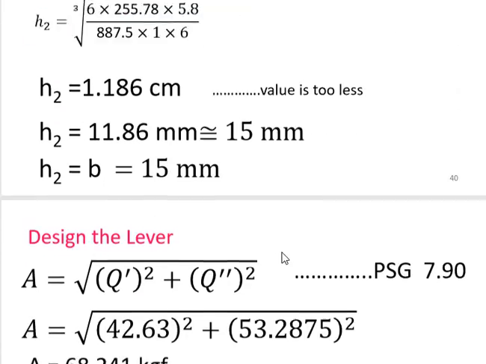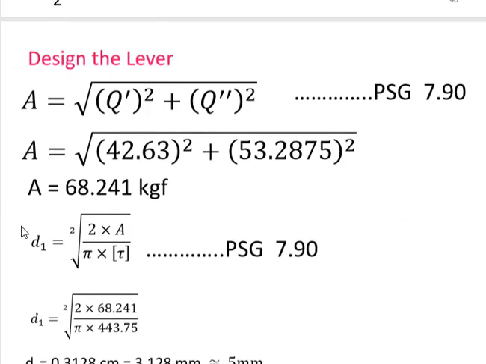To find out the diameter of that particular circle, the formula is given in the design data book in this manner, where A is under root Q1 dash square plus Q double dash whole square. After looking into this, we can find out A, which is 68.241 kgf.